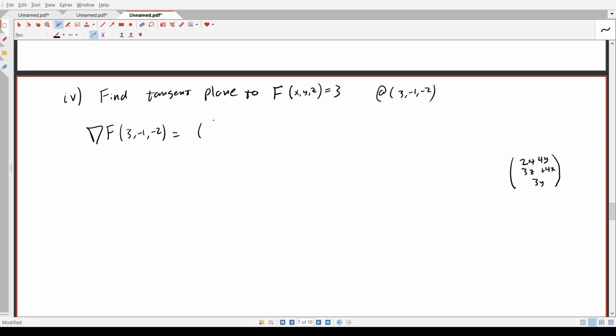So the gradient at, so that's 2x plus 4y. It's going to be 6 minus 4. And then I have 3z, that's minus 6, plus 4x, 12. And then 3y, that's minus 3.